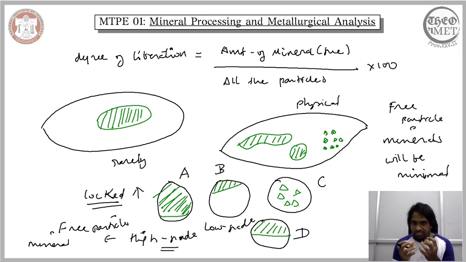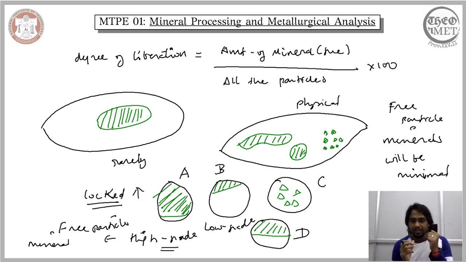Even though both these are locked particles, and they are not chemically homogeneous and combine both mineral and gangue, the reason we are able to categorize them as high and low grade is the relative amount of gangue and mineral present in them.